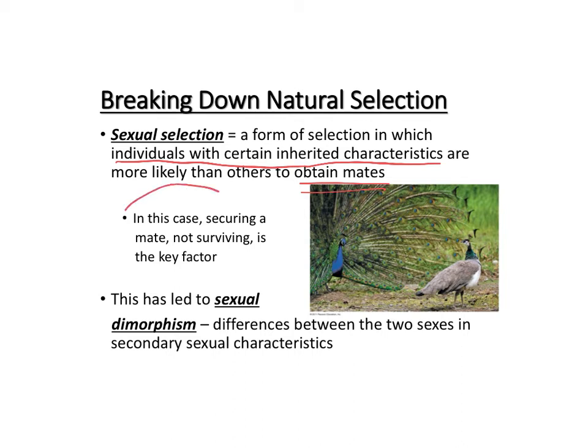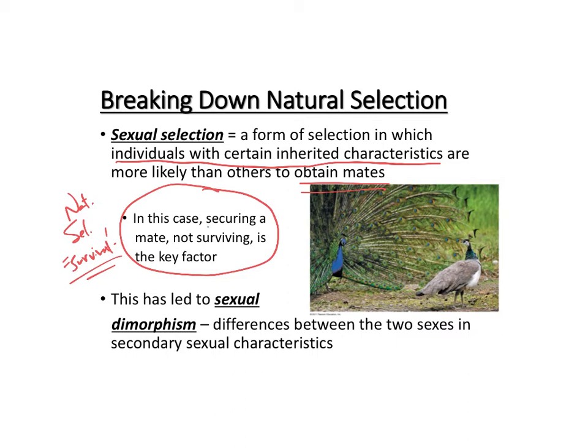So here's the interesting part, and we'll talk about this again on the next slide too. Remember, in natural selection, it's all about survival, right? So the traits that give you better fitness in natural selection are traits that make you more likely to survive.